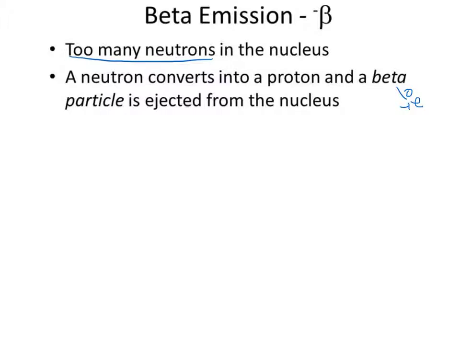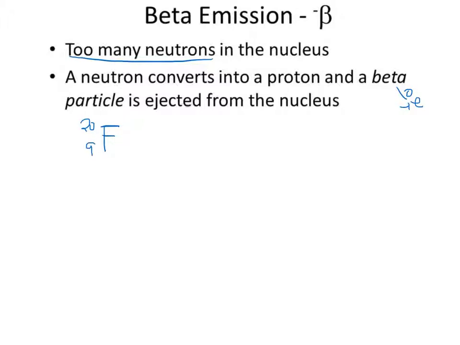Let's take fluorine as an example. Fluorine has an atomic number of 9, and let's say it has an atomic mass of 20.